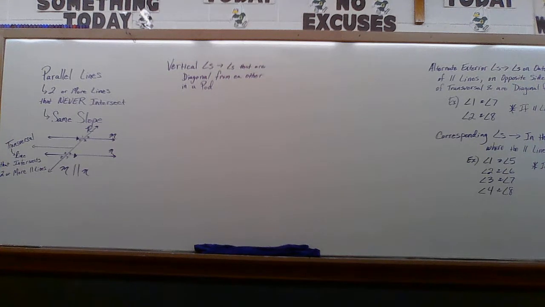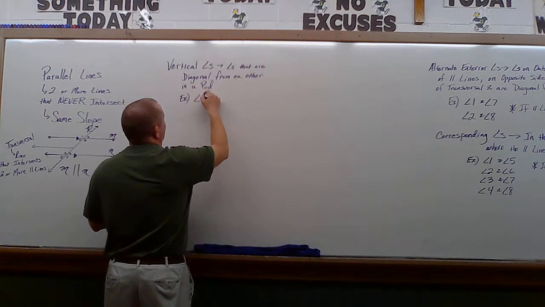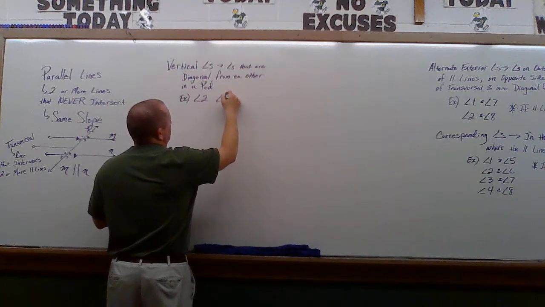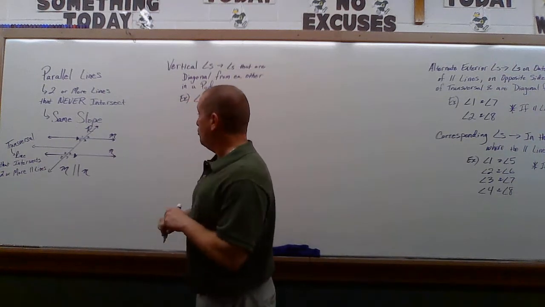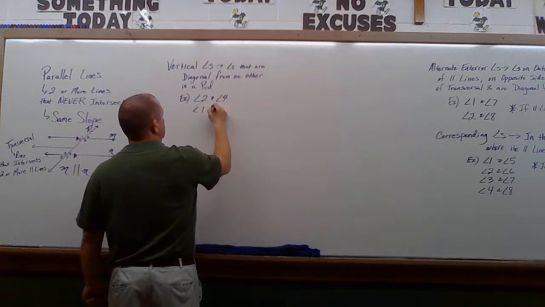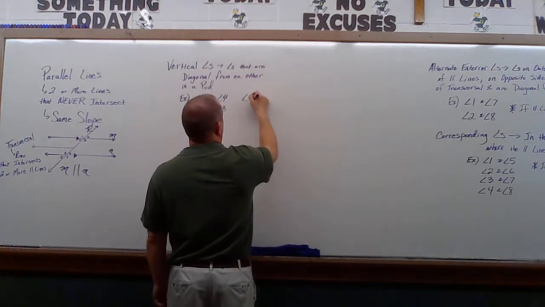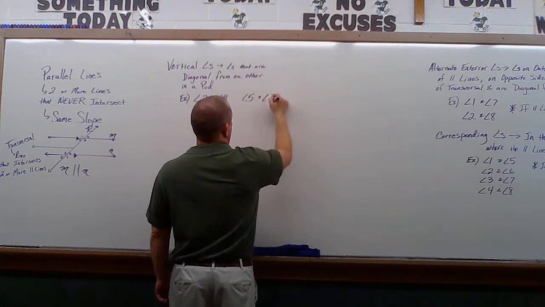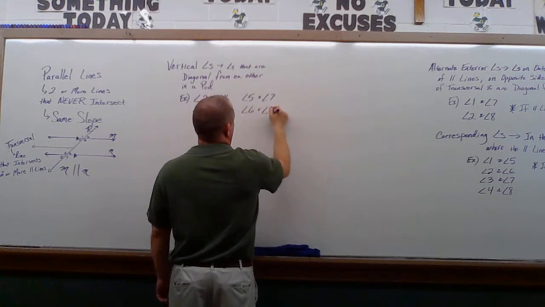So what angles would you say make vertical angles? 2 and 4. 6 and 8. 1 and 3. 5 and 7 works. And what was the last one? 6 and 8. All right.